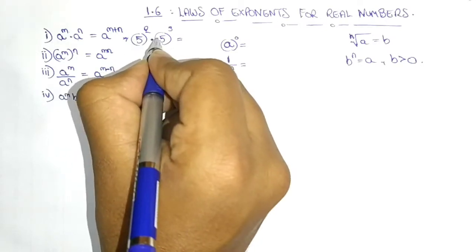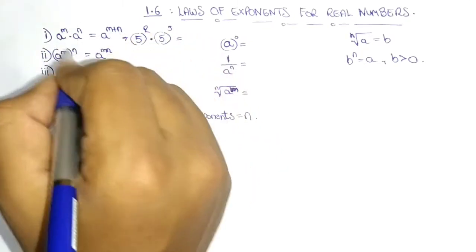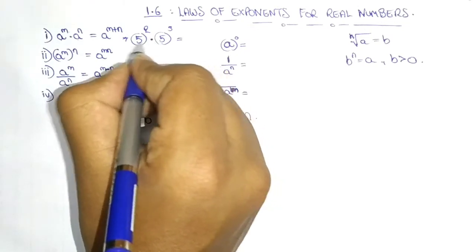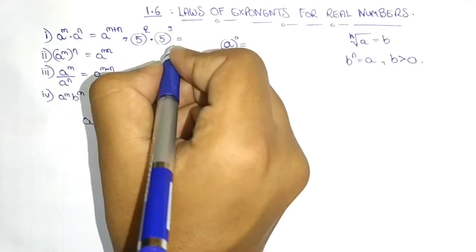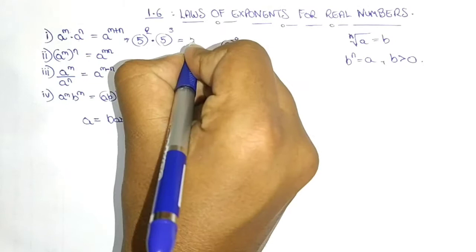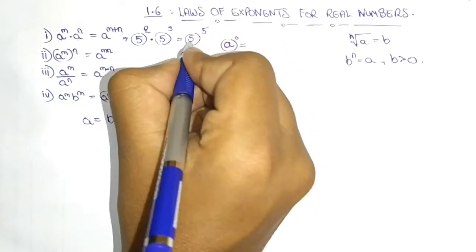If you take 6 here and 7 there, they are different numbers, and then you cannot apply this law. This law of exponents is not applicable for such. There should be the same number on both sides, and if they have different exponents, then you are supposed to add those exponents, keeping the base the same. 2 plus 3 is 5. This is equal to this one.